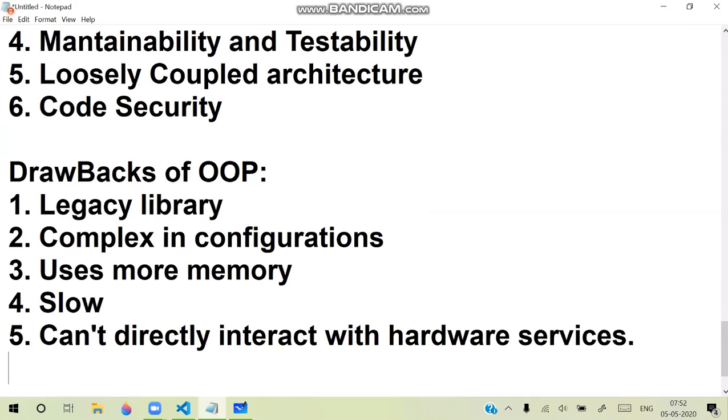Don't think that object-oriented programming is great. It has its own problems. That is the reason you can see refrigerators, washing machines, microwave ovens, and air conditioners. You will not have a Java program in them, but they are electronic devices with some sort of programming.